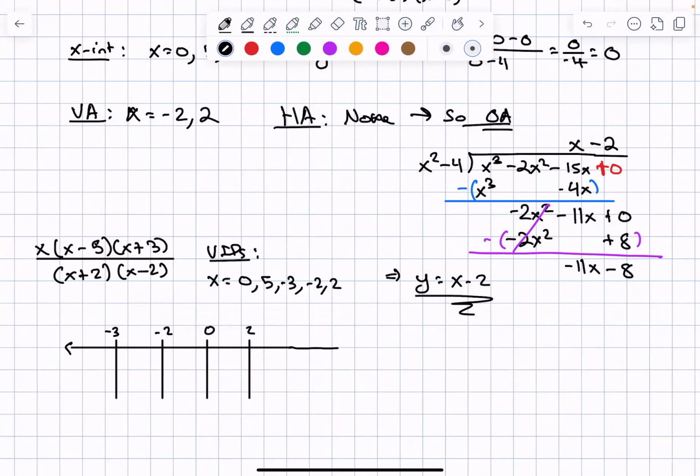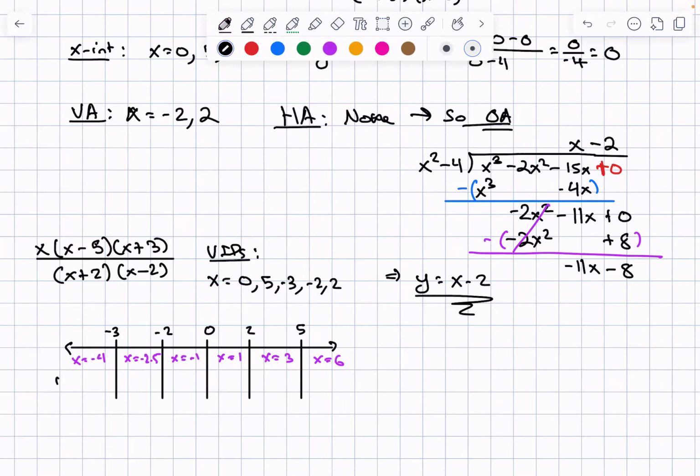I guess we're going to need to make this go a little bit longer, and that's okay. And then 5. And we'll pick some test values in between. x equals -4, x equals -2.5, x equals -1, x equals 1, x equals 3, and x equals 6. And then we just need to plug it in and look for the signs.